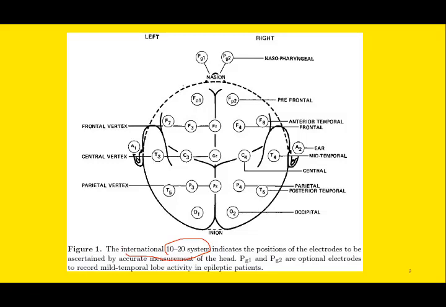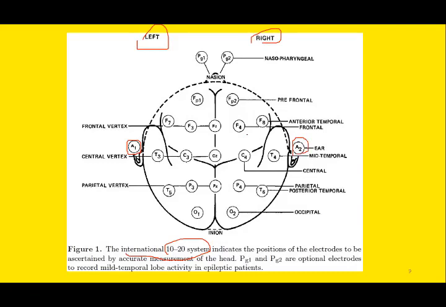For example, this is the superior view of the scalp or skull. On either side, you can see the auricle. This is the left auricle here, denoted by A1. This is the left side, and on the right side, you can see the right auricle or the right ear, A2.